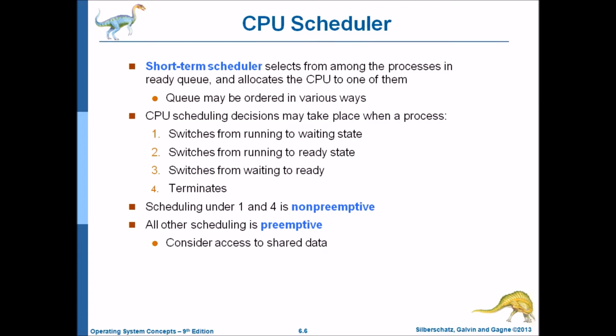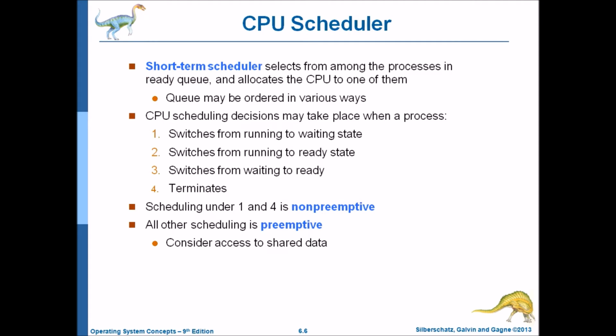So when we are dealing with preemptive scheduling, we should consider some conditions. We should consider access to shared data. Preemptive scheduling can cause problems when two processes share data, because one process may get interrupted in the middle of updating shared data structures.